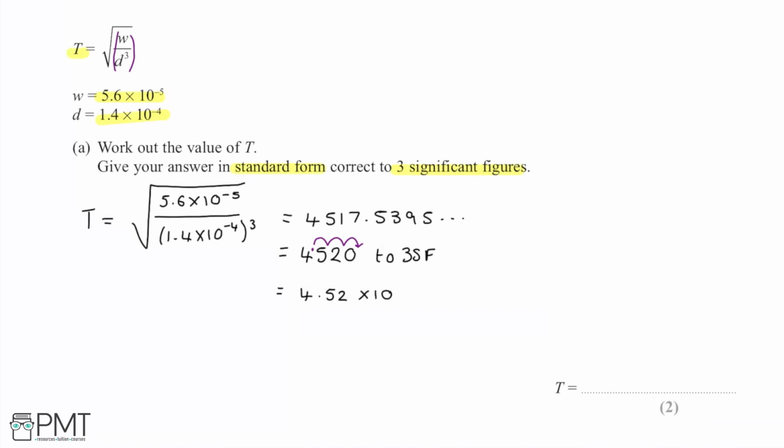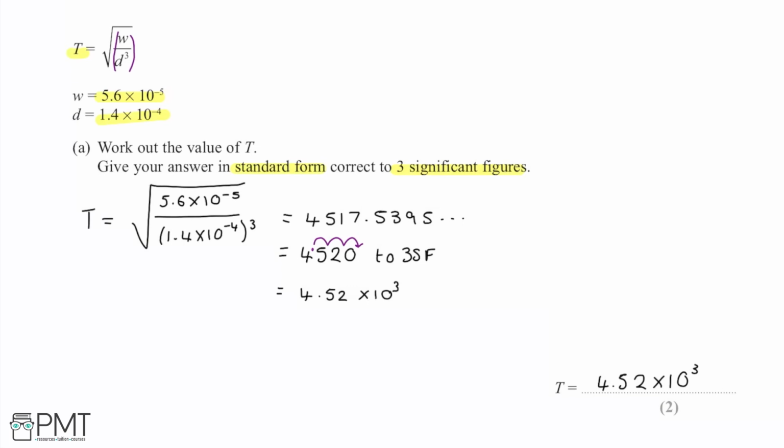So we've had to move the decimal point 3 places, so we've had to multiply it by 10 to the power of 3. So 4.52 times 10 to the power of 3 is going to be the correct answer for t to 3 significant figures and in standard form.